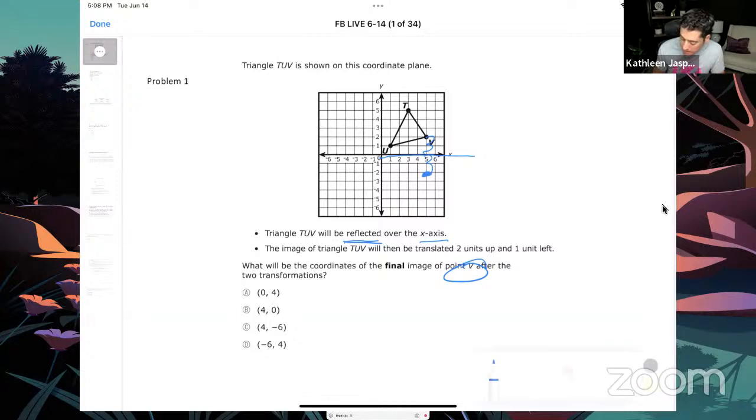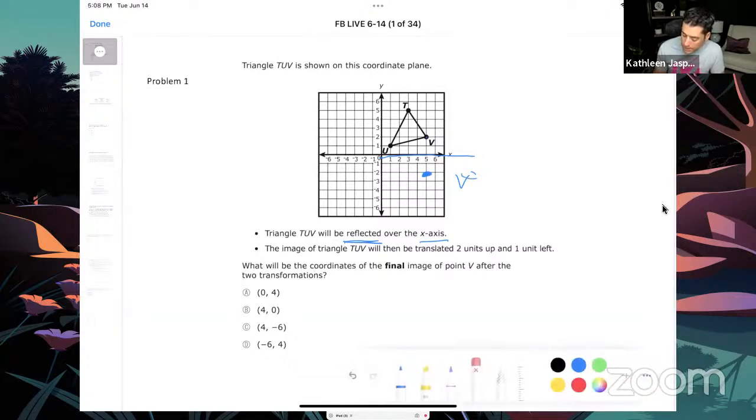If you see this in problems, it'll be called V, and then it'll have a little apostrophe. It looks like a 1, but we call that V prime. We'll do that right there. So you don't have to worry about that, but that's what that says.